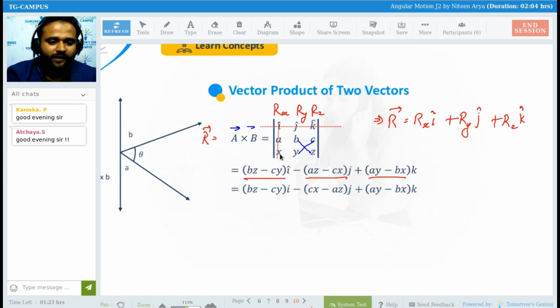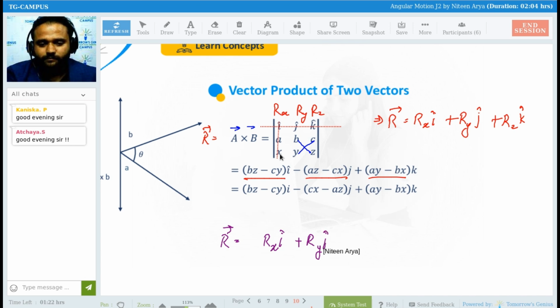One thing you can find here: if you are doing it from left to right, you need to apply negative. Basically this R is Rx i minus Ry j plus Rz k.